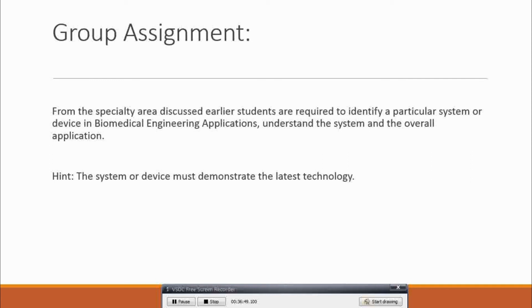If you have chosen a device or system, understand the system and the overall application: what the device is, how it is used, and what its function is.